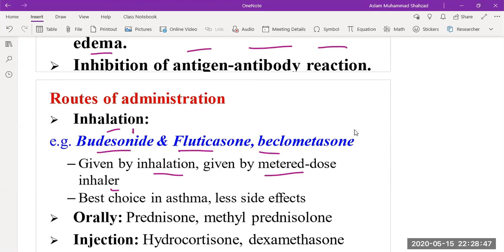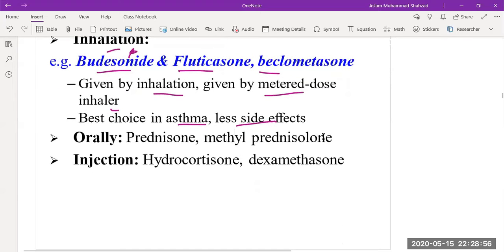And budesonide is a drug of choice in asthma, having fewer side effects. We also have orally available drugs such as prednisone and methylprednisolone, and injections such as hydrocortisone and dexamethasone.